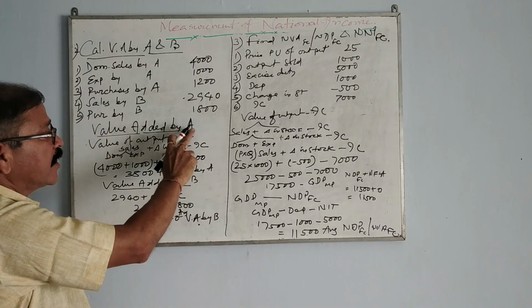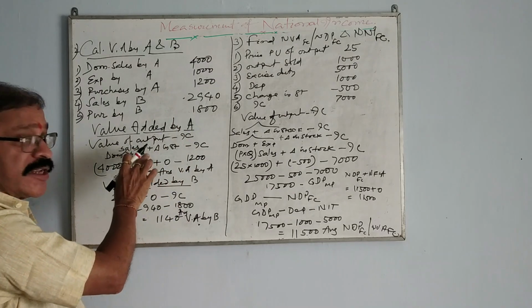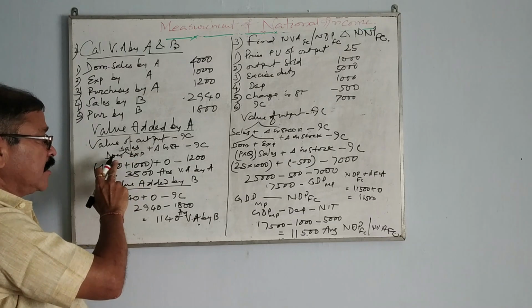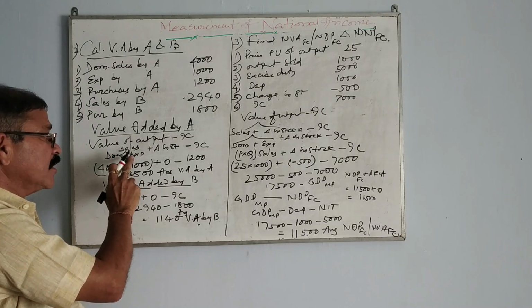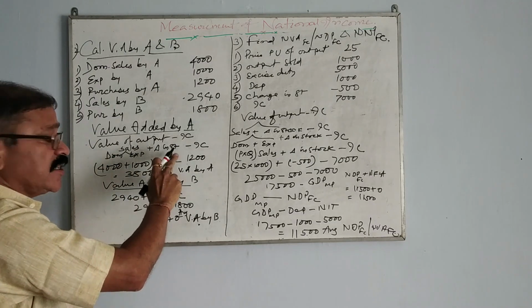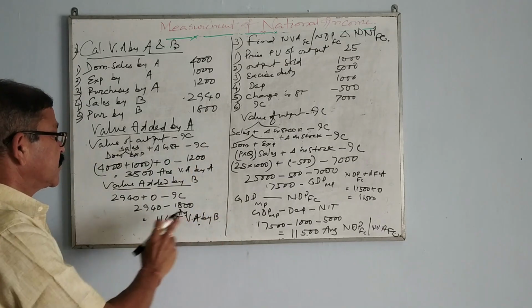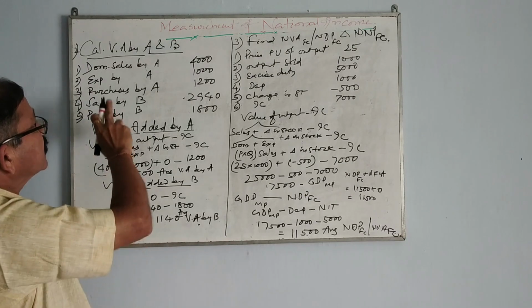First, value added by A. Formula I have written: value of output minus IC. Value of output means sales, that includes domestic plus export, plus change in stock, that includes closing stock minus opening stock, and IC. So here, see what is the sales.